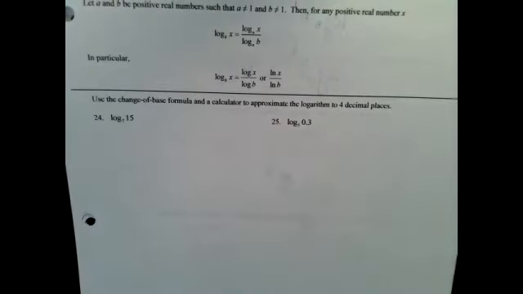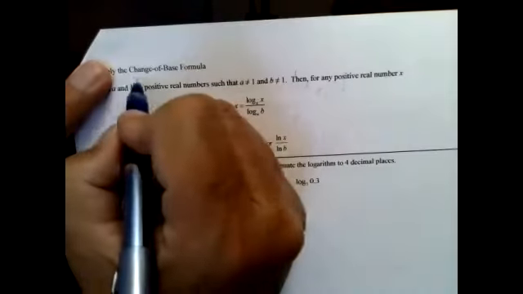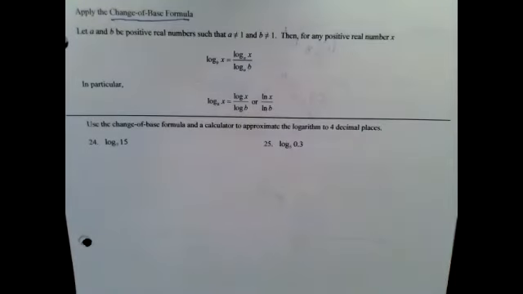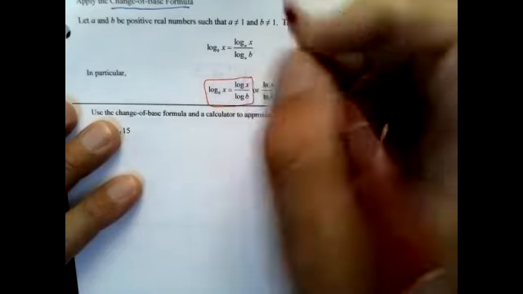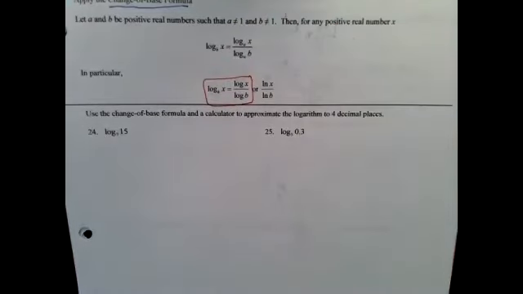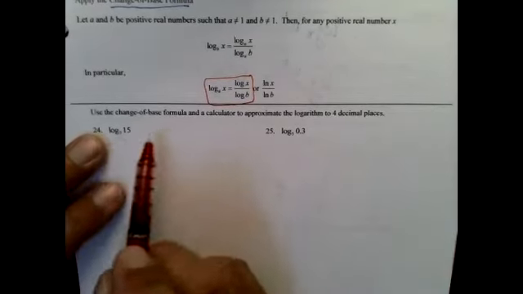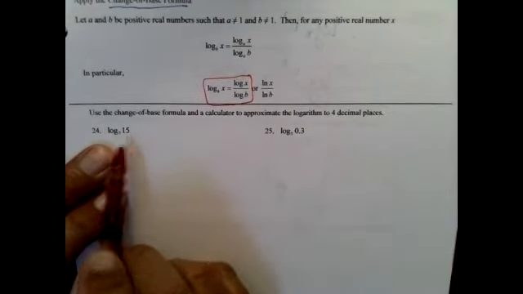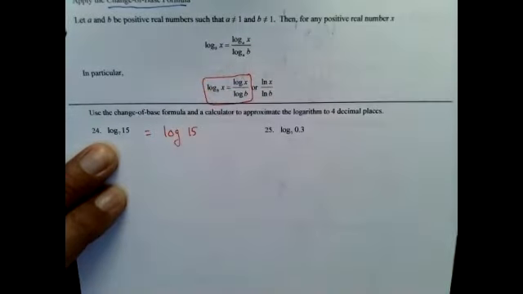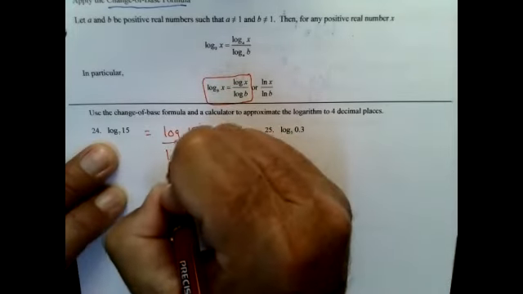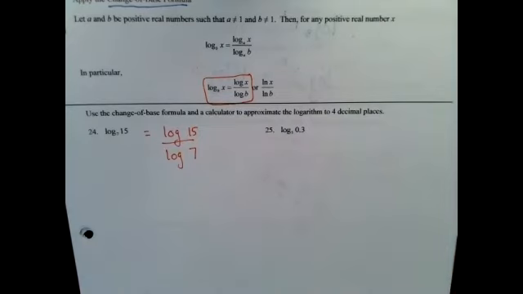But there's another property up here, the change of base formula. What that says is I can rewrite log base 7 of 15 as the common log of 15 over the common log of 7.